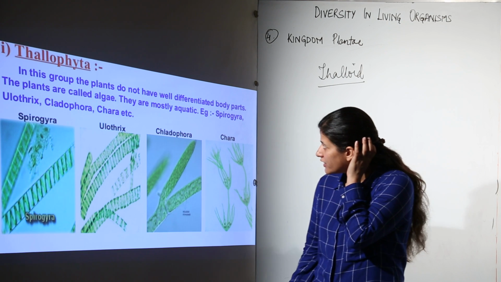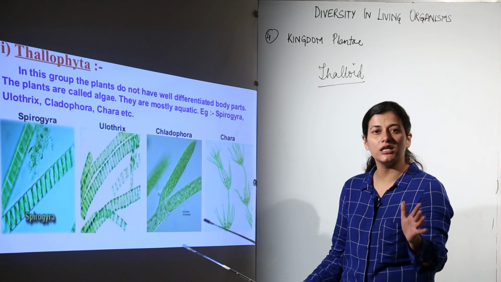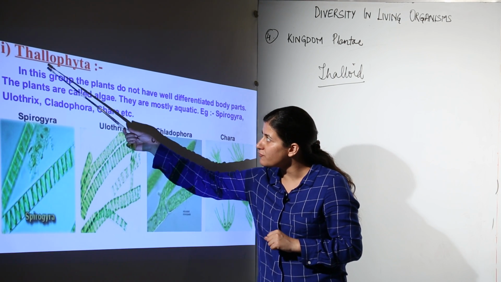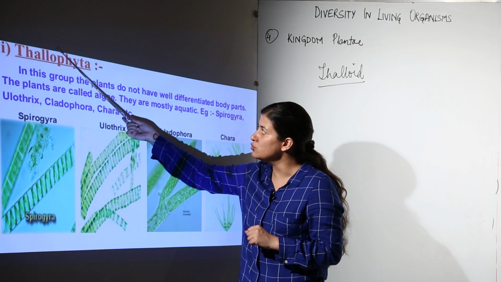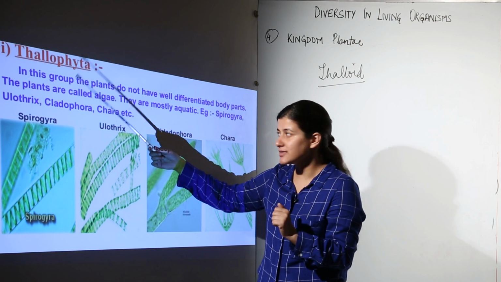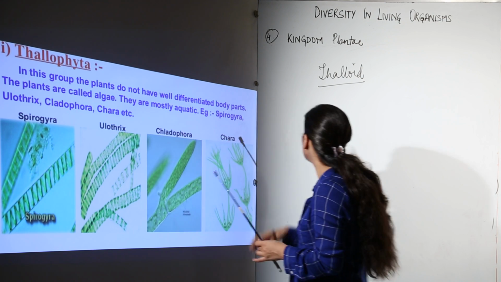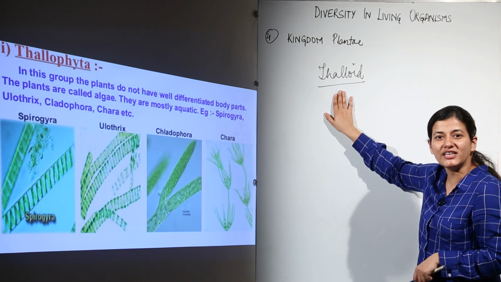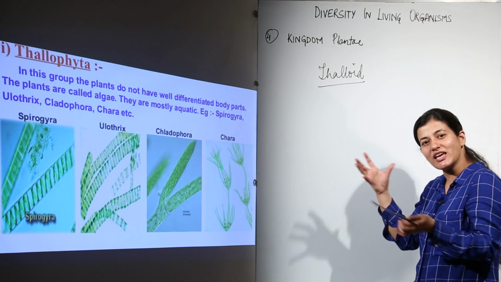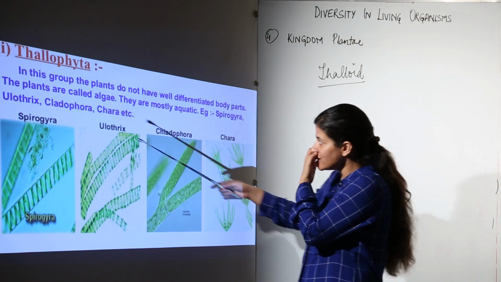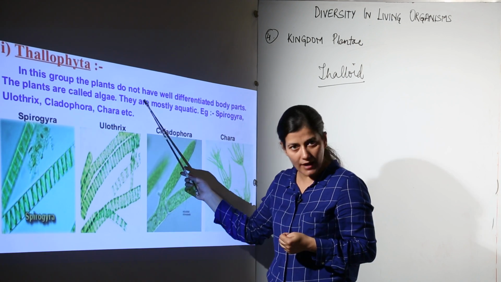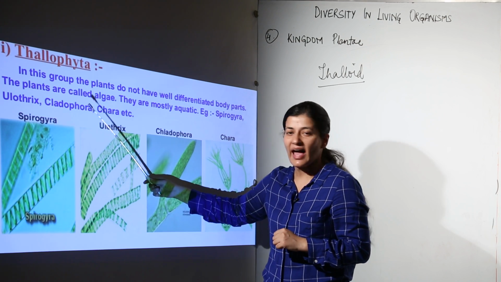What you see over here is that the first division in the Plantae is division Thallophyta. Phyta is the word used for plants. When I say Thallophyta, I mentioned the thalloid body, thallus, the condition where the body is not differentiated into organs, it is just an aggregate of tissues. In this group, the plants do not have well differentiated body parts. The plants are called algae.